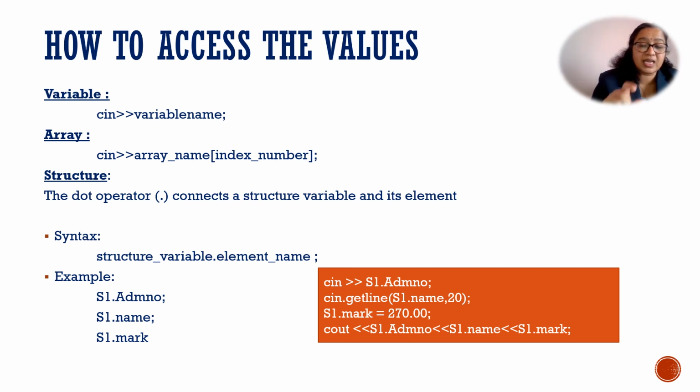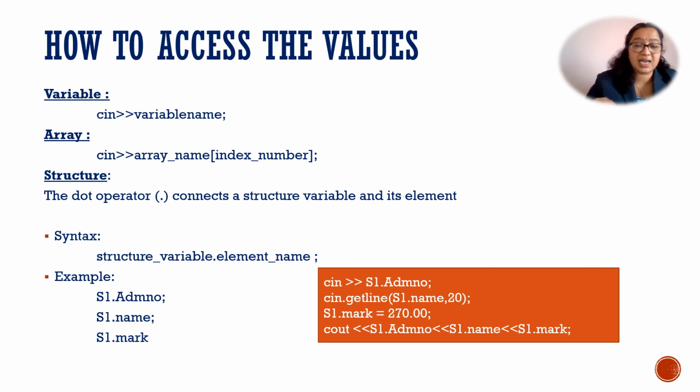Element name means the name of that column. If it's admission number, S1 dot admission number. If it's name, S1 dot name. If it's mark, S1 dot mark. Then how to input? What is the syntax of inputting here for the structure variable? cin, S1 dot admission number, semicolon.